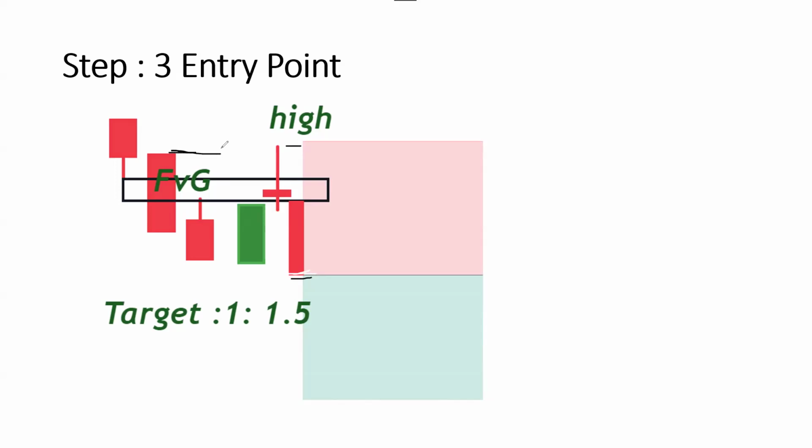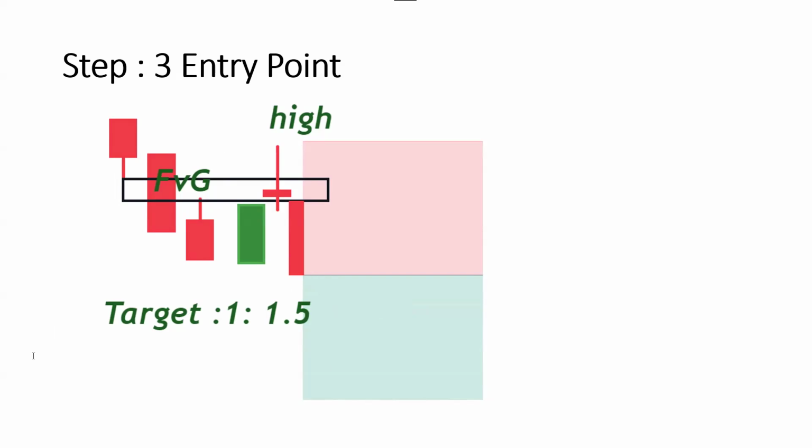Here it is less, but sometimes you have a higher one. You have to put the stop loss at the fair value gap candle high. It is going to be a 1:1.5 ratio, or you can go for a target of 1:2 ratio. That is also fine. Either one you can use as the target for the trade.